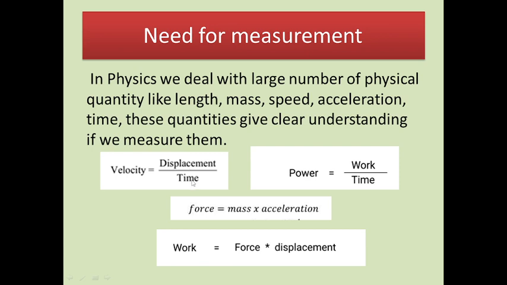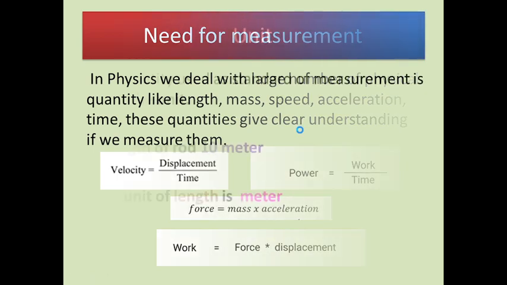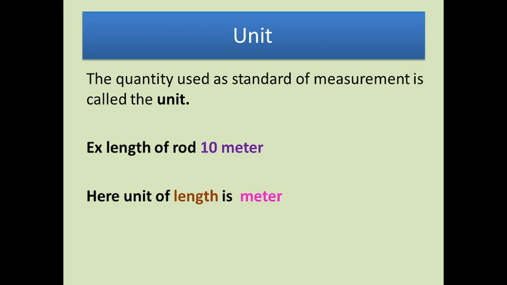Velocity is given by displacement by time, and likewise power, force and work. To measure these physical quantities, measurement is needed.